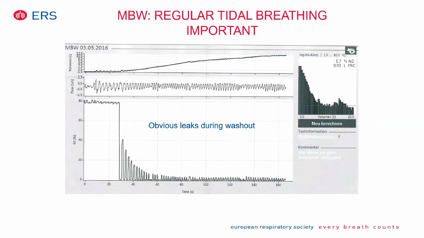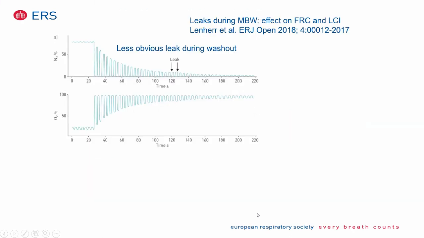If you have a leak, then for the nitrogen washout, room air is drawn in, and this will prolong the washout and lead to falsely high FRC and falsely high lung clearance index. Here you see the nitrogen curve, and there's a sudden increase in nitrogen here again and again. And this is an obvious leak where additional nitrogen is drawn in from room air.